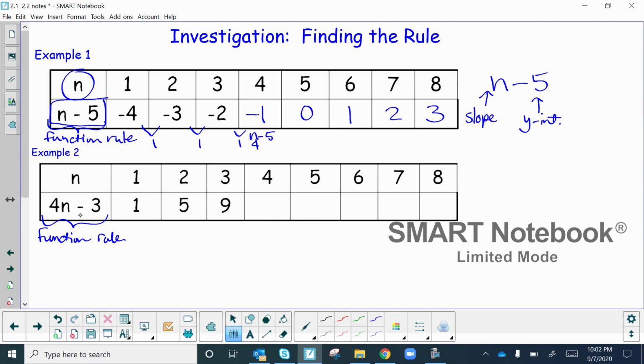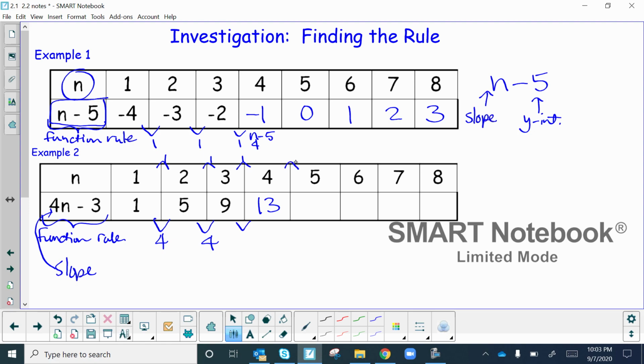So this function rule is 4n minus 3. Let's look at the rule that's happening here. This one goes up 4. This one goes up another 4. So that means this is 13, because it's going to go up 4 again. Again, if you look at that number right there, that's our slope. When the slope is +4, that means it's going up 4 every time, so long as the values up here are going up by 1.